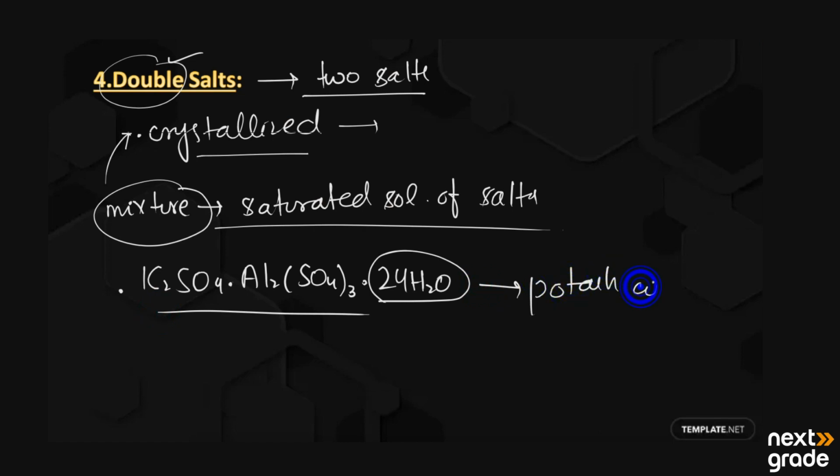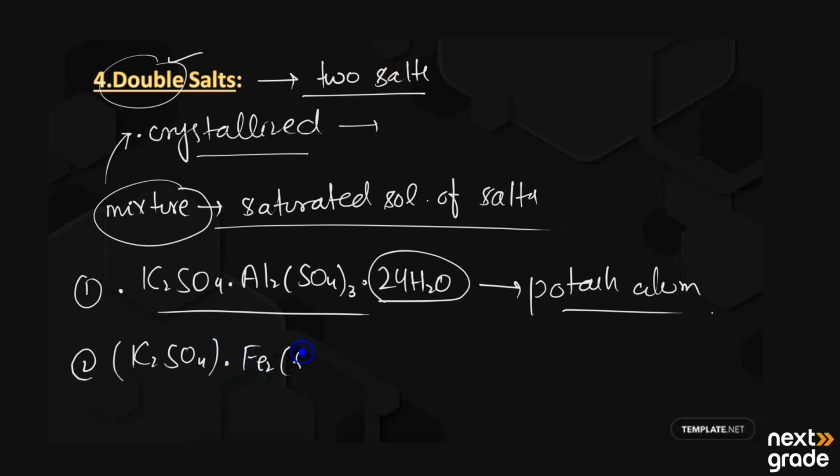Another example of a double salt is ferric alum, and its formula is K2SO4, potassium sulfate, along with iron sulfate Fe2(SO4)3.24H2O.